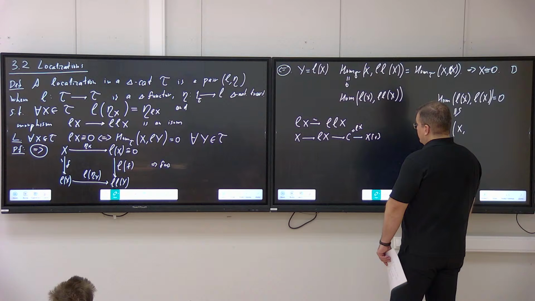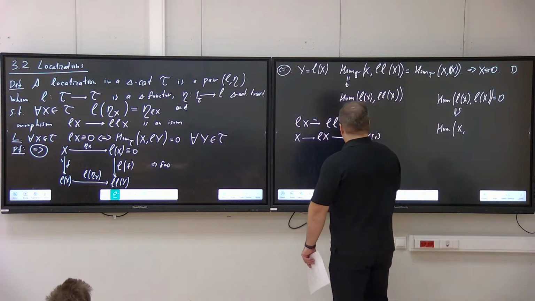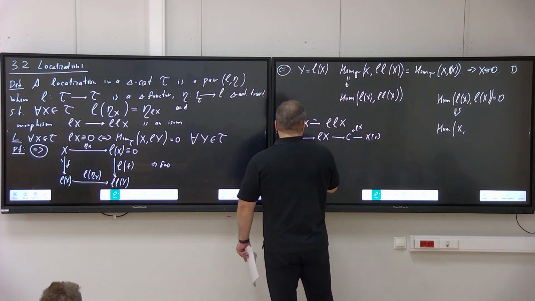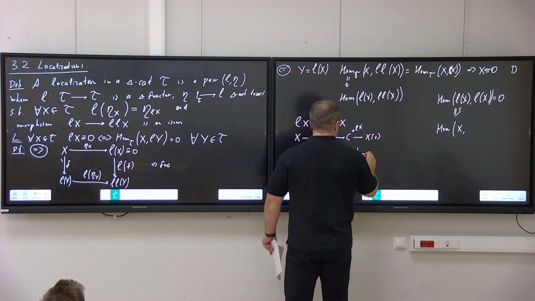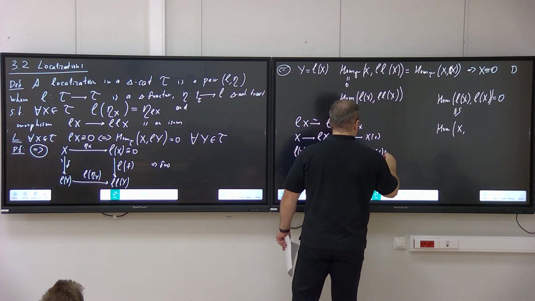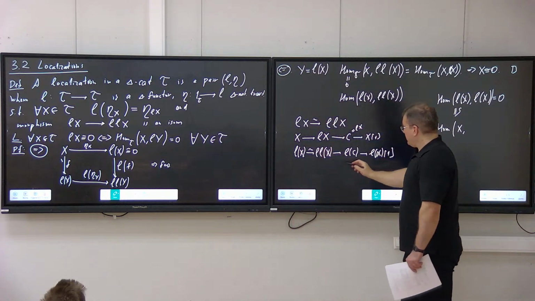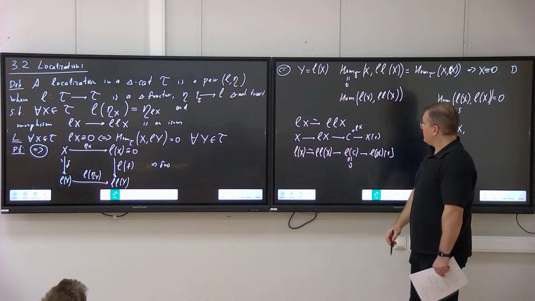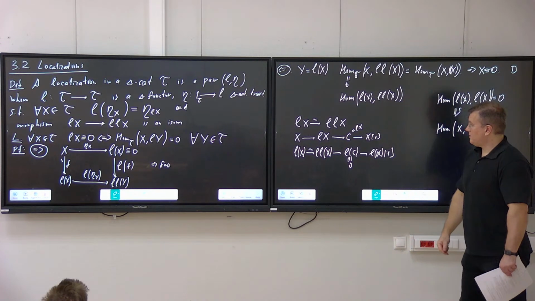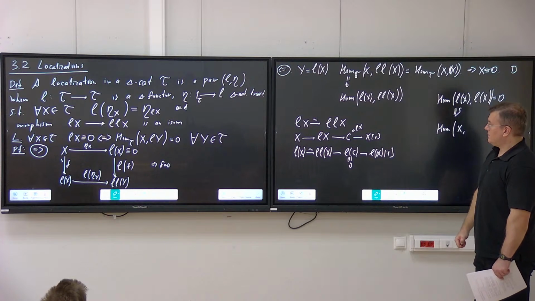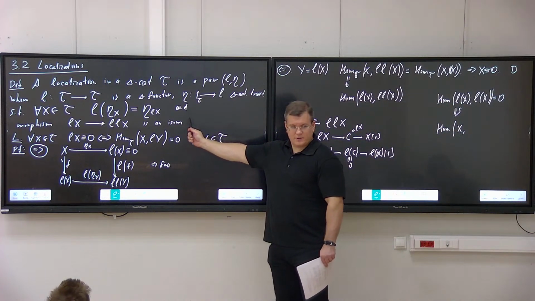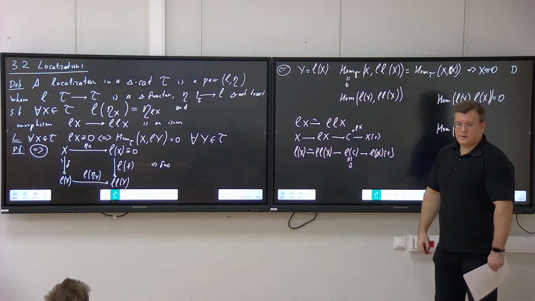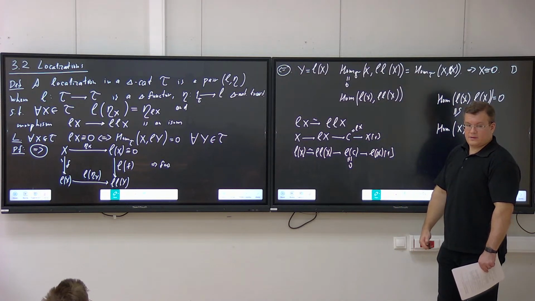But also, I want to apply functor L to this distinguished triangle, right? When I apply functor L, I'll get L of x, which is isomorphic to LL of x. Then there will be L of C, and this is L of x shifted by 1. We know that for any x, this is an isomorphism, so we apply L to eta x.